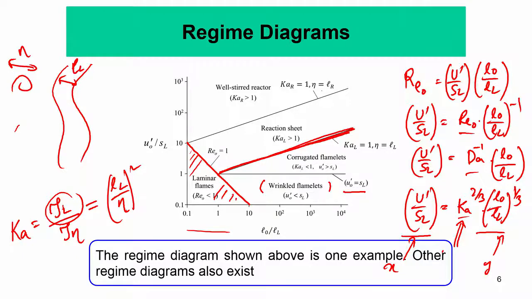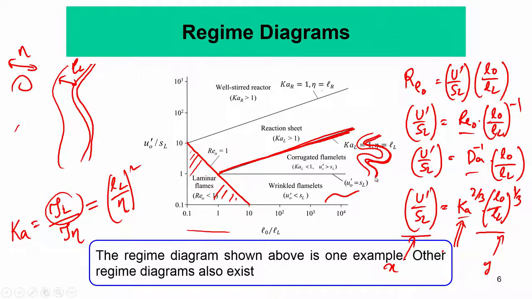So this is the structure. If I just draw, this regime is the simple wrinkled flamelets regime. In the corrugated flamelets regime, the flame can be strongly wrinkled like this, but its internal structure will still be very much preserved, even the preheat zone and the reaction zone.